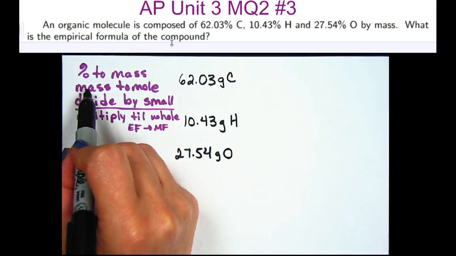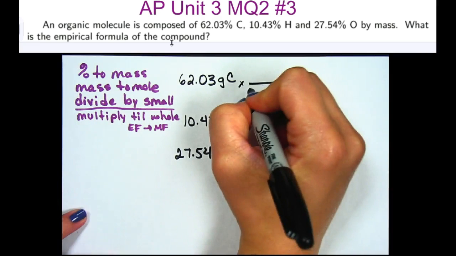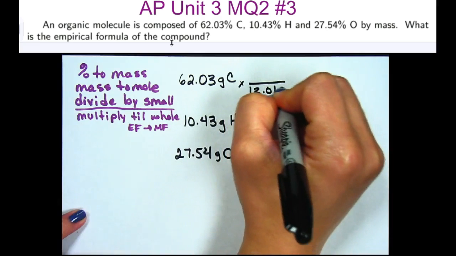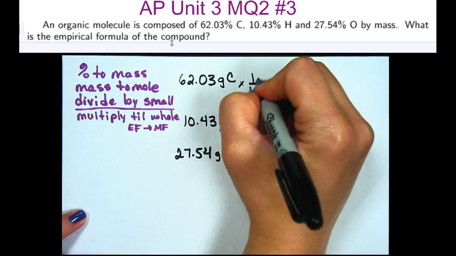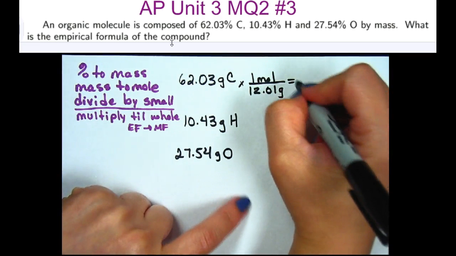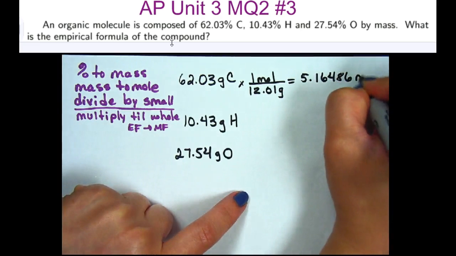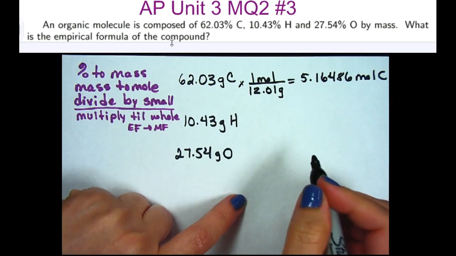Now we need to change the mass to mole. So we're going to bring down grams, go to the periodic table, and get the molar mass in order to convert to moles. And this one will give us 5.16486 moles of carbon.